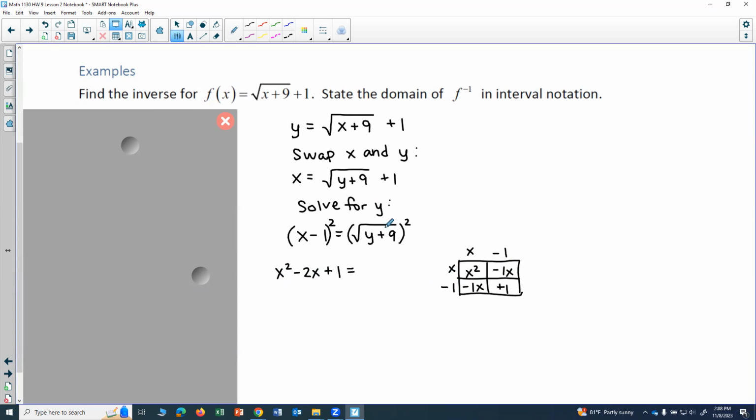And on the right-hand side, the square and the square root cancel each other out, and I end up with y plus 9. Now I just have to subtract 9 from both sides.